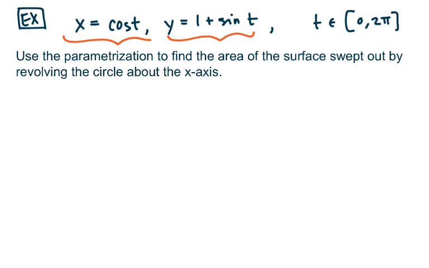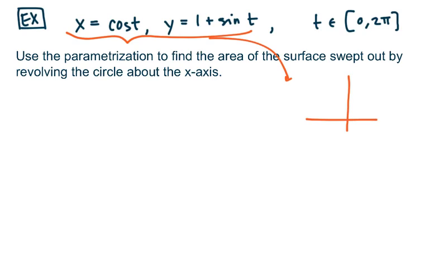But that plus 1 in the y part of the equation lets me know that these two parametric equations represent a circle of radius 1 shifted up 1 unit. So we have a circle with a center at (0, 1).